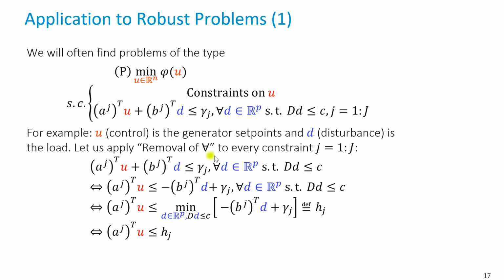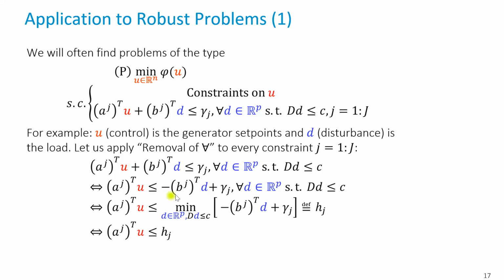So if I have this, we can do systematically what we did in the quiz. I can put all the disturbance on one side and all the controls on the other side. That gives me this equation here. And then I use the trick I said before. We impose, that's a constraint on U. Remember, D is a dummy variable.